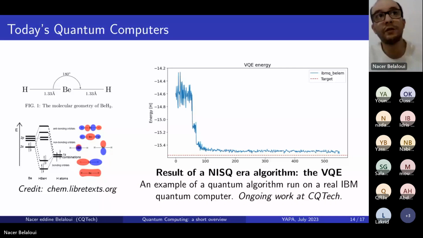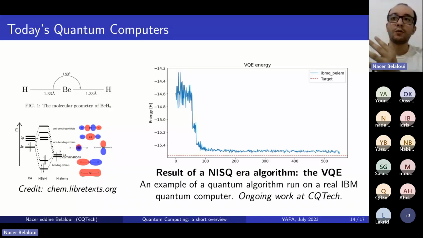Now, this is not a very complicated molecule, but it's rich enough to be interesting to explore. It has 6 electrons: 4 from the beryllium atom, 1 from each hydrogen. So we have something like 2 to the power of 6 possible states that these electrons can be in.